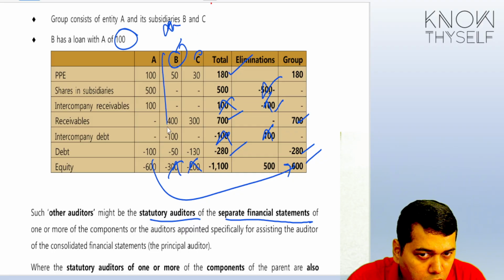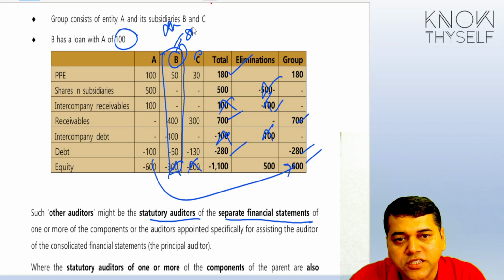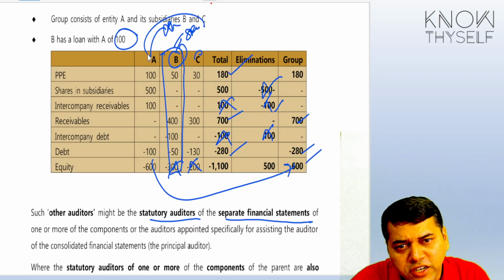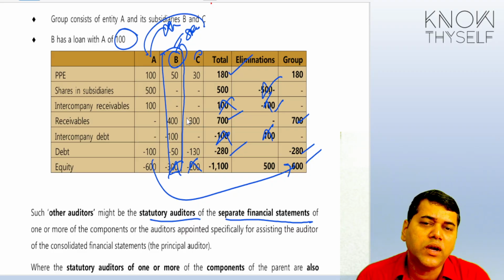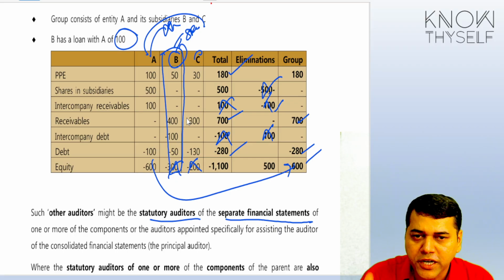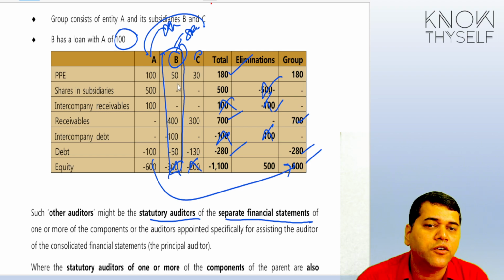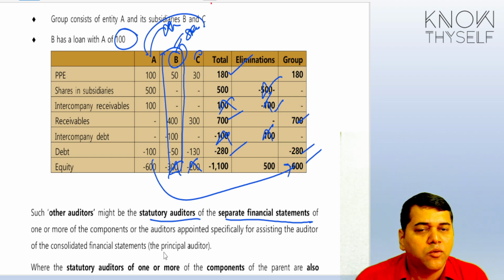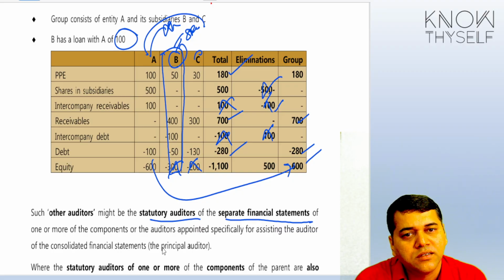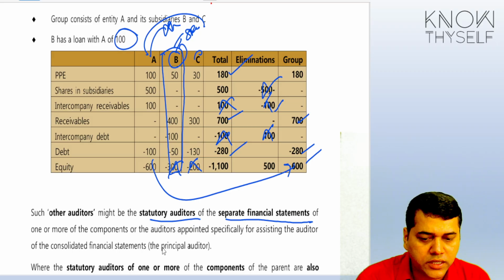Now, XYZ will audit only the B Limited standalone financial statement. Now, why does he have to work with you? Why do these auditors have to work with you? Why do they have the responsibility? Because as per statutory requirement, they have been appointed to audit the B Limited. Why on earth should they be coordinating with you? They should fill the checklist. Why should they spend time on you? They can always reject, right?